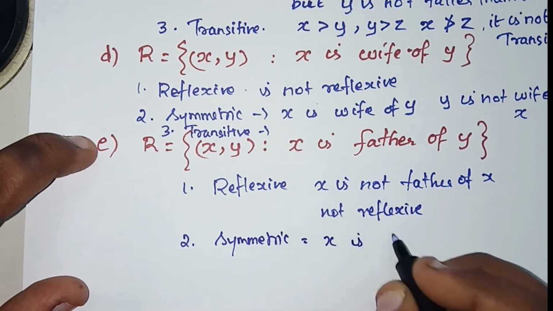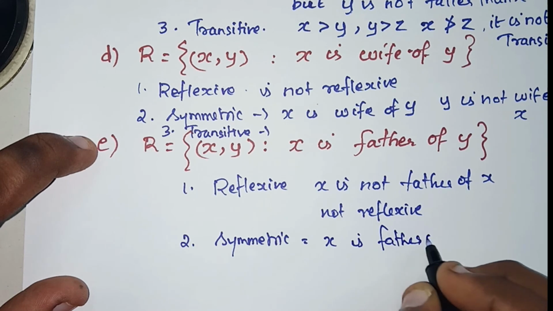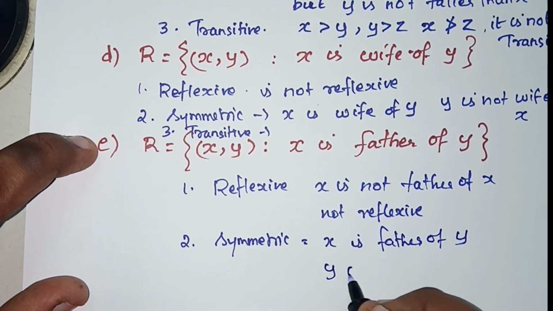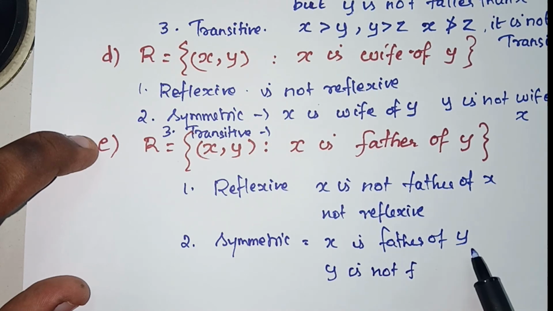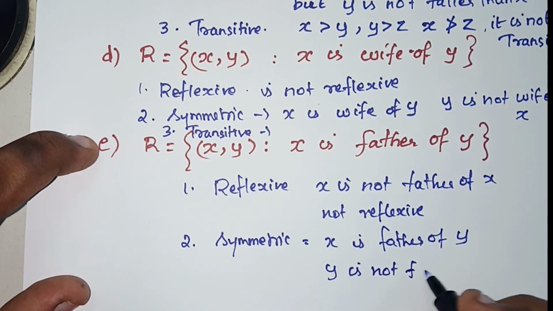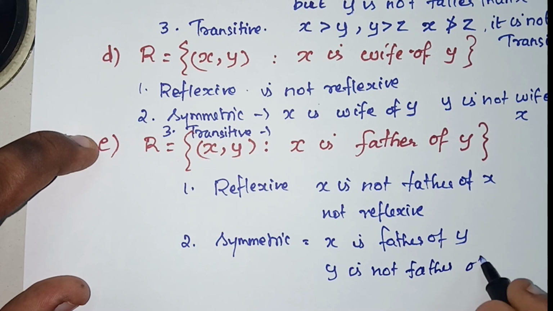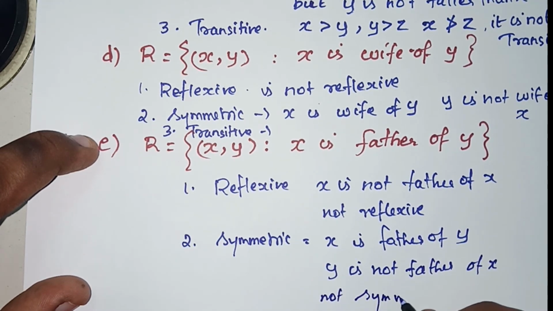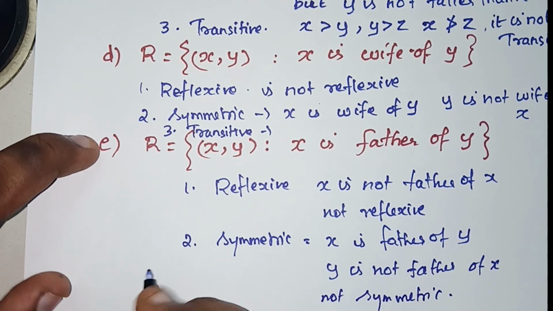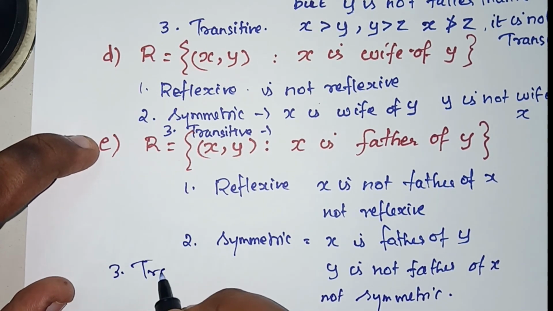X is the father of y. Y is not the father of x, because x is the father, y is the son or daughter. So y is not the father of x. So not symmetric.